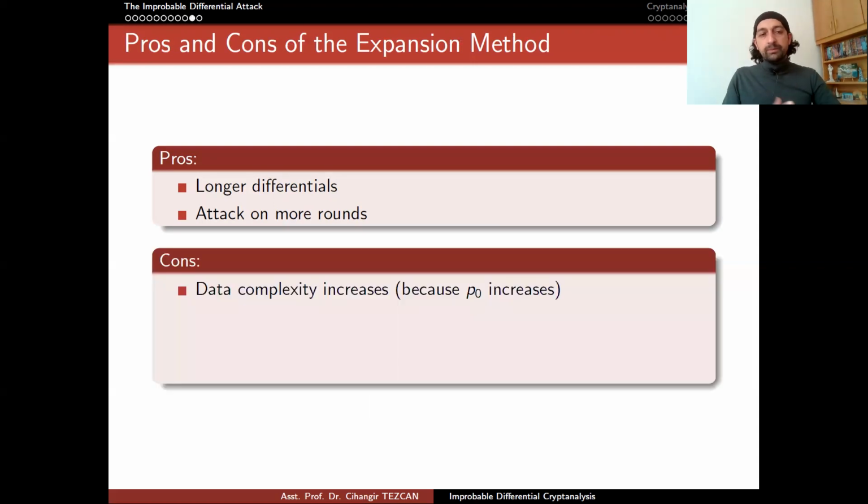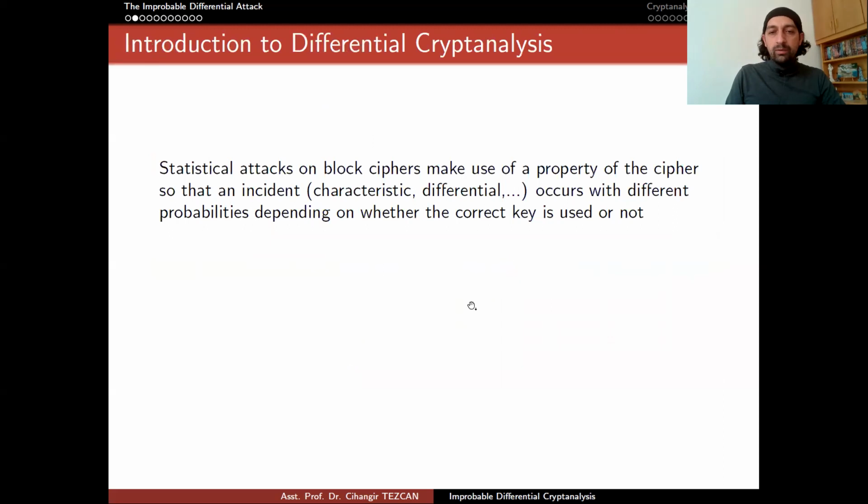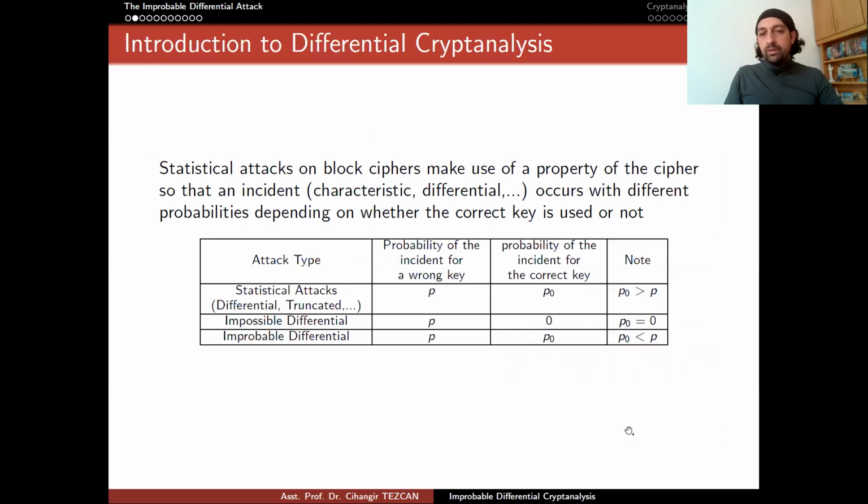But of course, this has some drawbacks, because once you move from impossible to improbable using the expansion method, the data complexity increases because P0 increases. If we go back to our table, recall that here we are trying to distinguish two binomial distributions where for one of them the probability is P and for the other one it is 0.